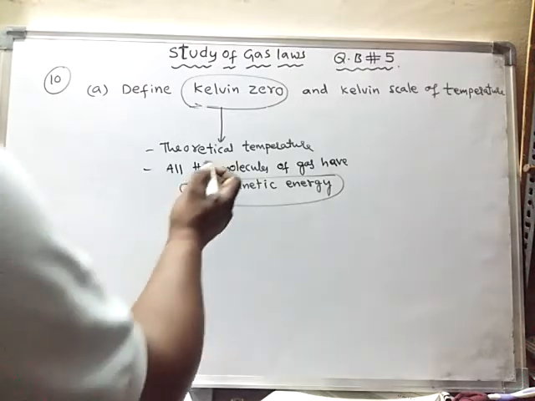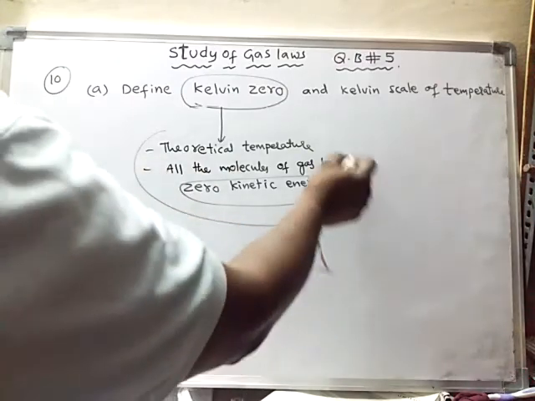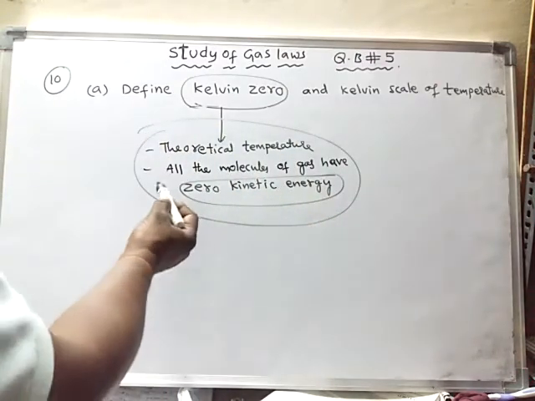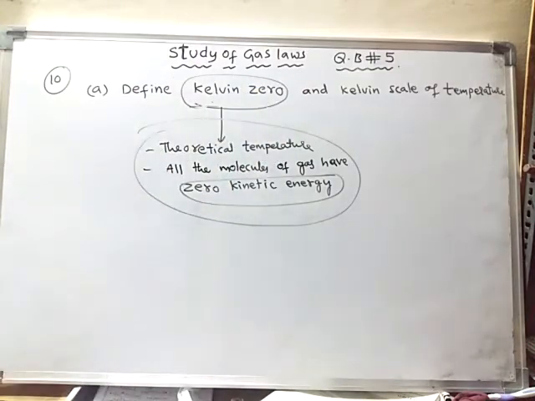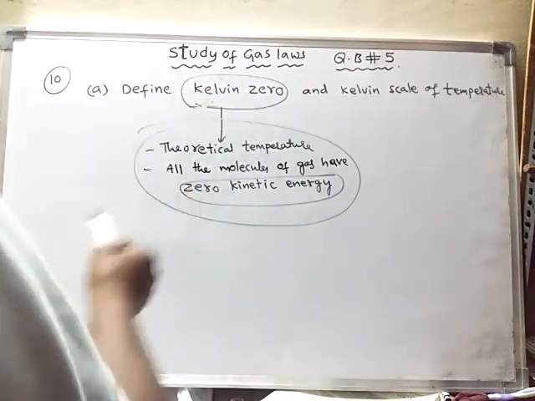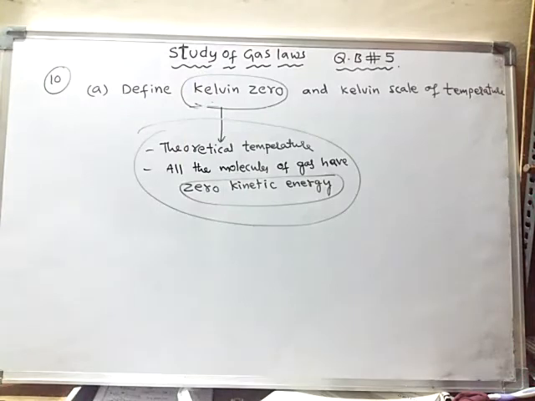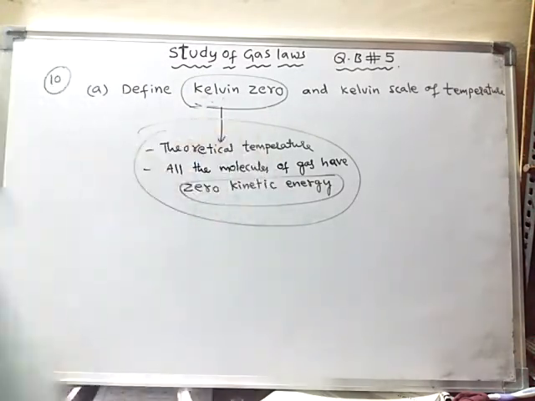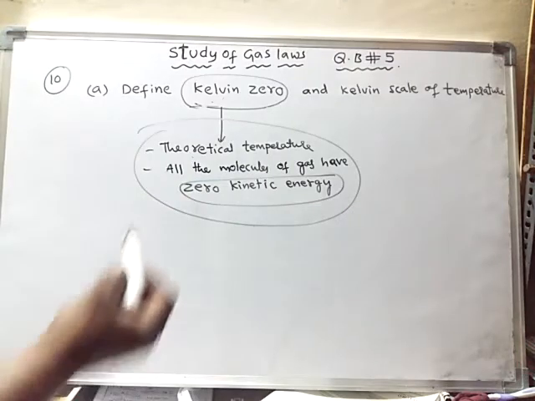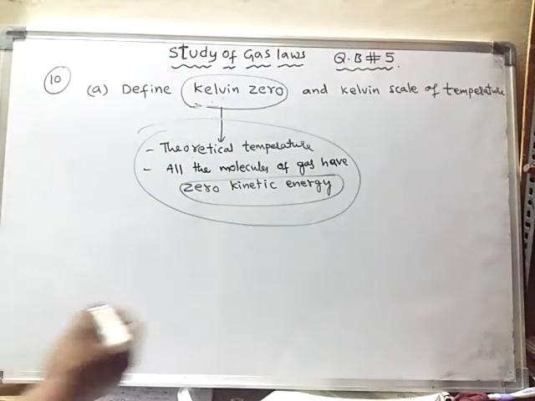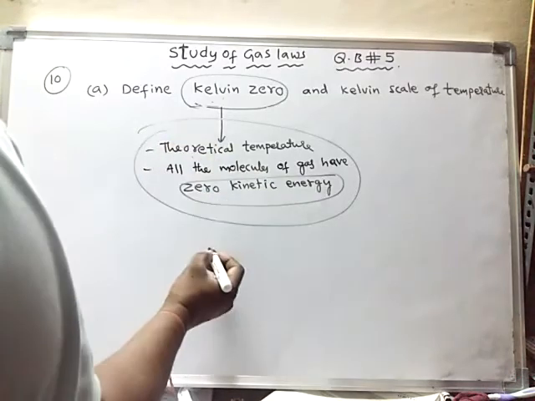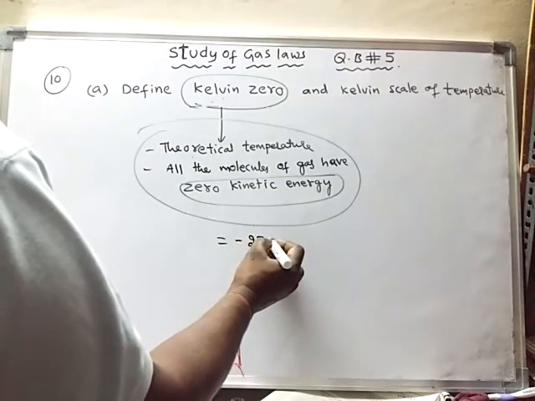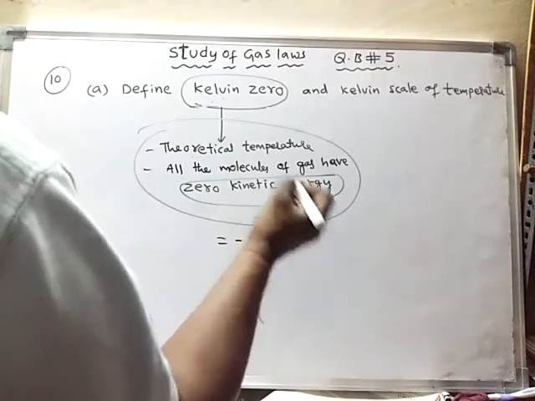So that temperature where the molecules of gas have zero kinetic energy is called Kelvin 0, and it is not possible in reality. Hence, it is only a theoretical temperature. Its value, 0 Kelvin, is equal to minus 273 degrees centigrade.